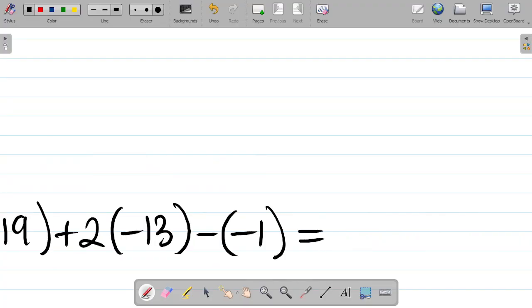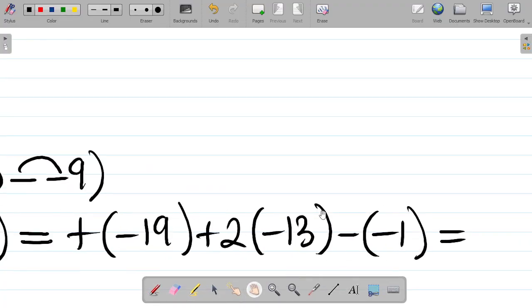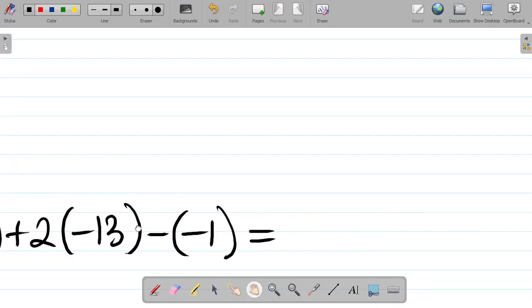All right, so let's solve this. I'll just pick up my calculator and punch it directly. So plus, open a bracket, type minus 19, close the bracket, type plus 2, open a bracket, type minus 13, close the bracket, then minus, open a bracket, minus 1. If you type all of this, your answer gives you minus 44.